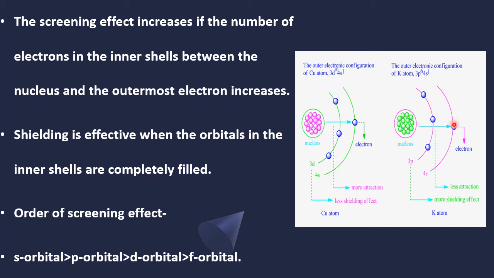This also covers less, but compared to d, p can protect to some extent. Therefore the attraction between the nucleus and the outermost electron is less here, so you can remove this electron easily compared to the other.